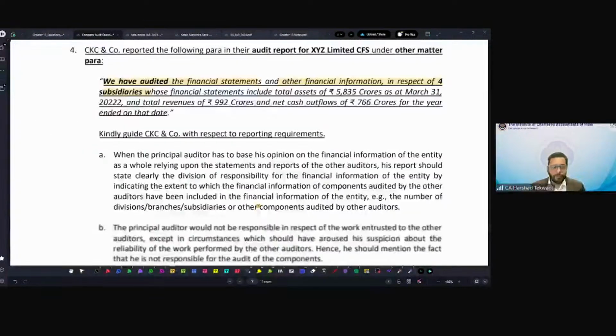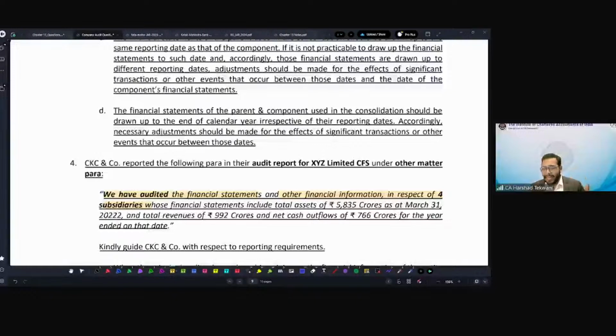So here, we specify that we have not audited the 3 subsidiaries, DPC and ANO. Of those, we have relied upon the report of other auditors. In one of the cases, we have not received any information or the audited financial statement.